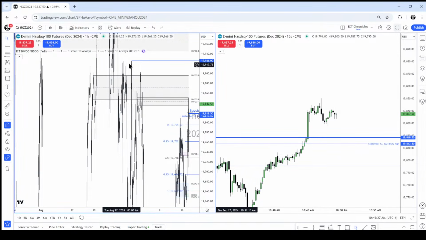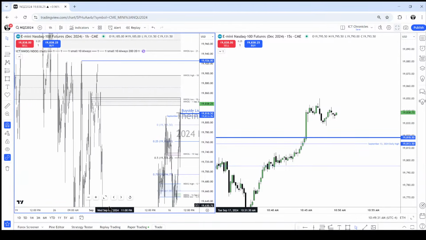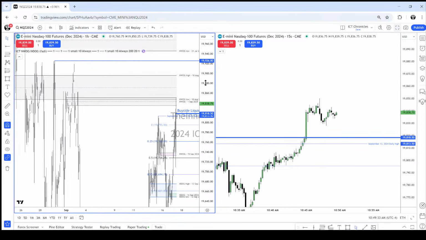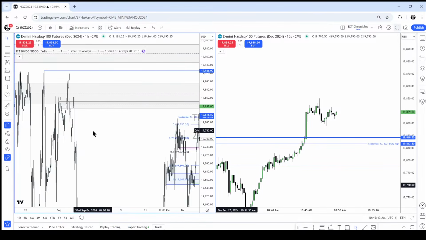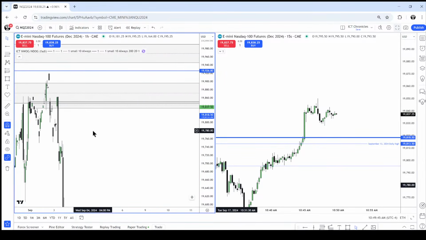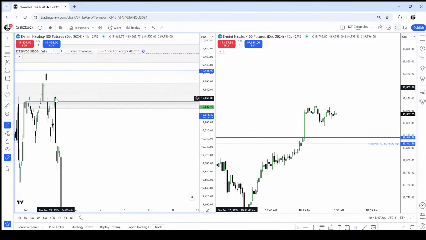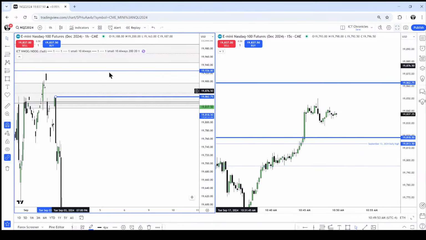There's those relative equal highs on the 60-minute chart for the December delivery contract. All right, so we have this high right here. You see that? Let me widen this out a little bit. For the December contract, we have this high, moving still closer to the 19,926 level.